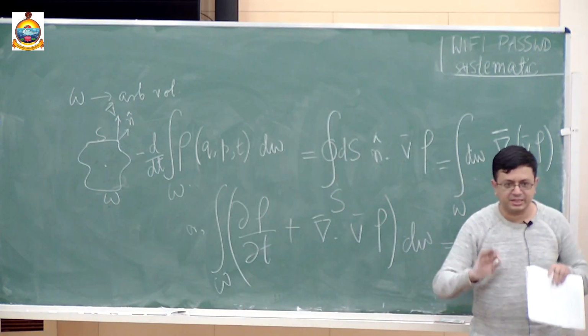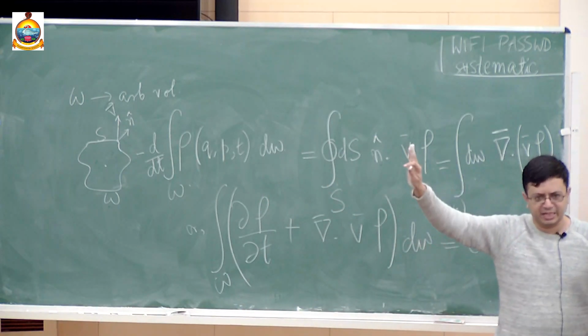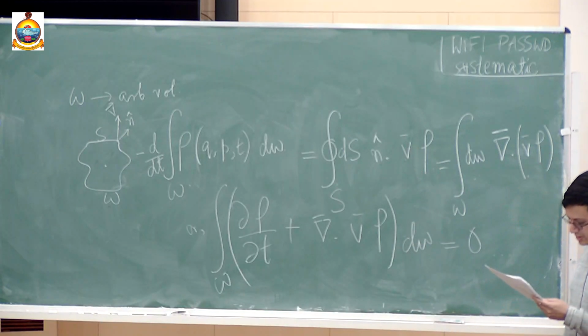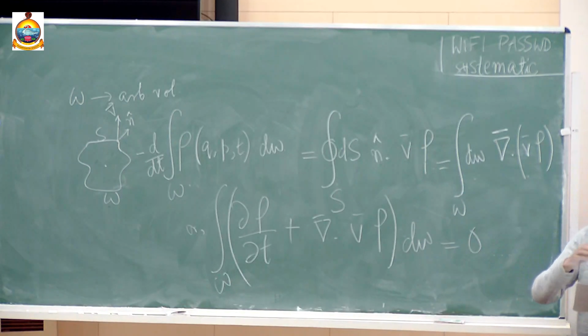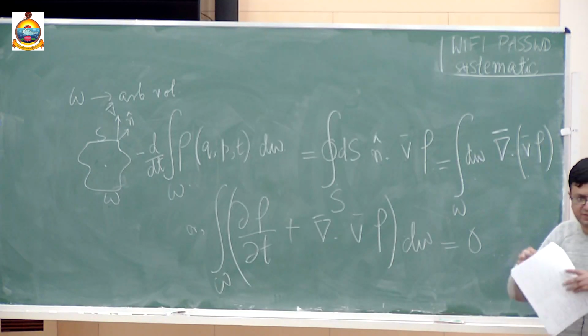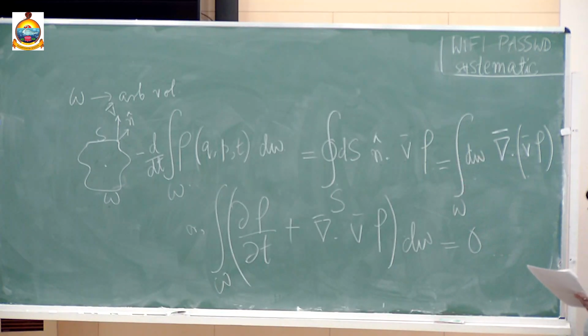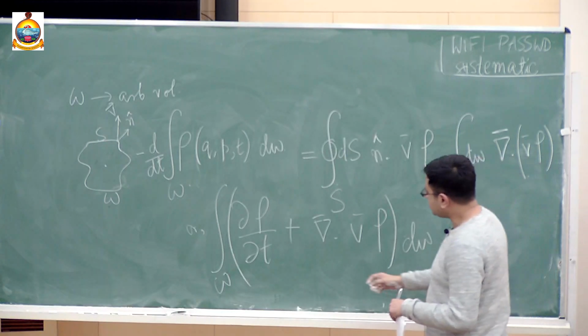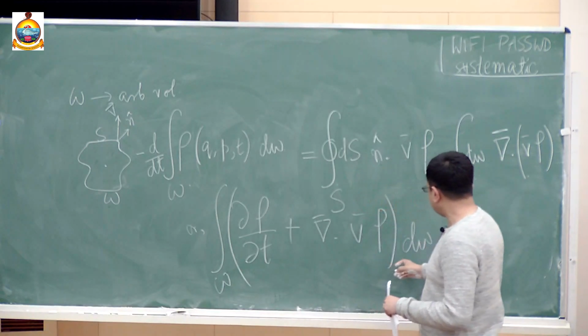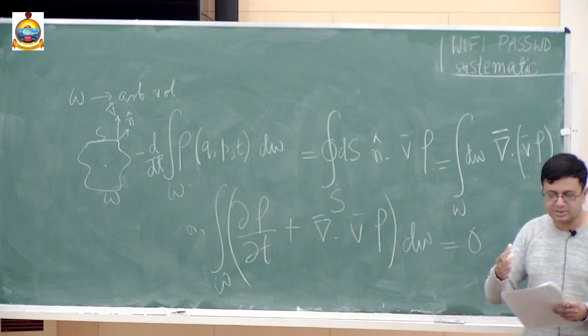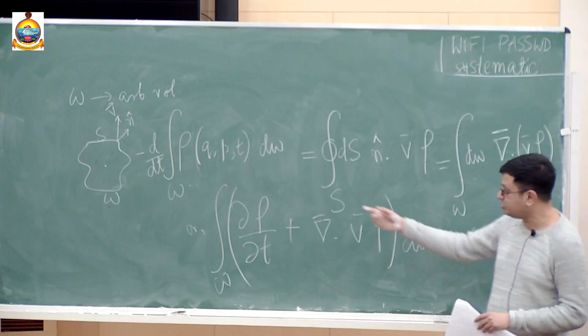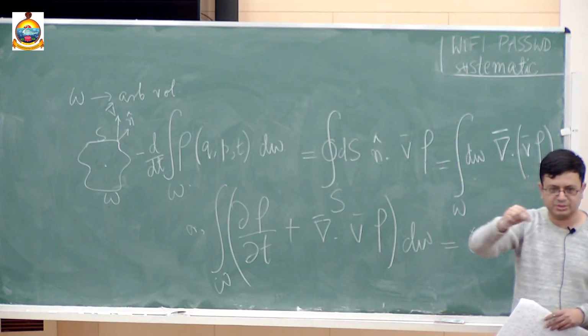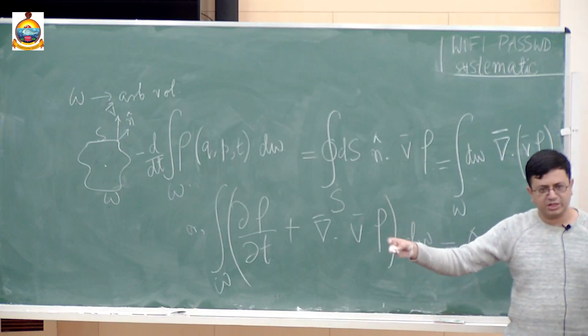It just says that if there is a decrease, that means there has been a net outflow. Some points have come in, but some points have left, and more points have left than came in, and vice versa. If there is an increase, then there has been a net inflow. Now this equation is going to be true for whatever size of volume element you consider in this phase space. It could be very small or very big.